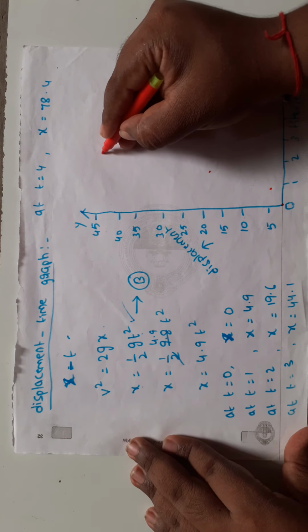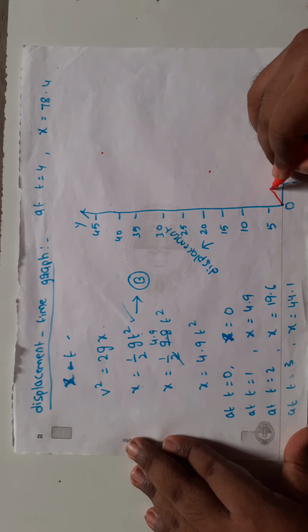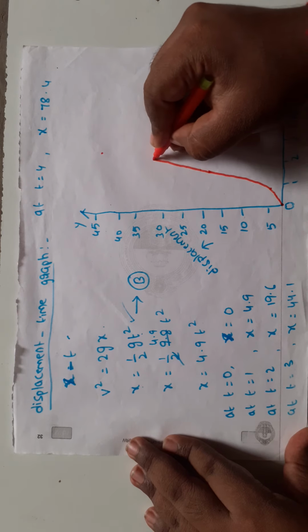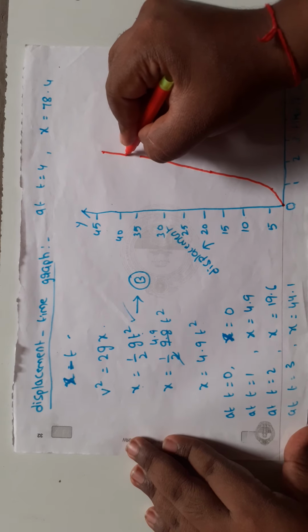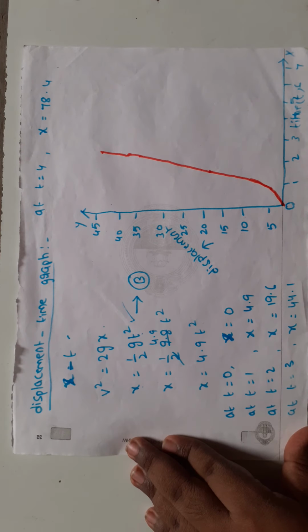So what is the graph here? Curve. This is a curved graph. So displacement versus time gives a curved graph.